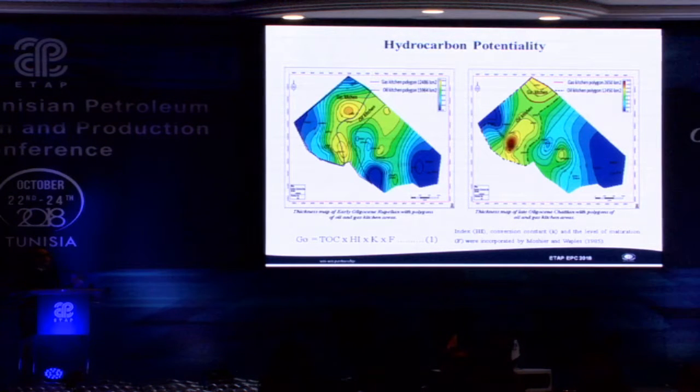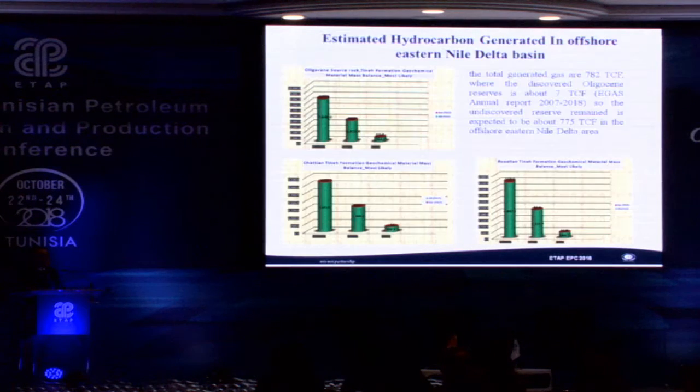We use the thickness map for Chattian and Rupelian, and put on it the maturity of the area from vitrinite reflectance, and delineate the polygons of gas kitchen and oil kitchen in Chattian and Rupelian, and calculate the area in square kilometers, and put it in this equation by Mushir and Walbus, and calculate the estimated hydrocarbon generation in offshore area in Chattian and Rupelian.